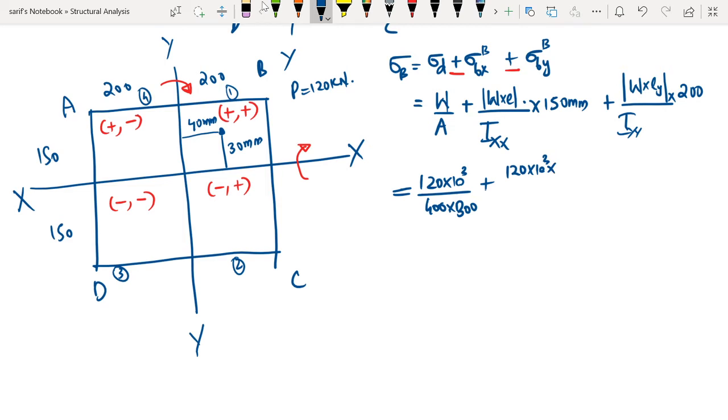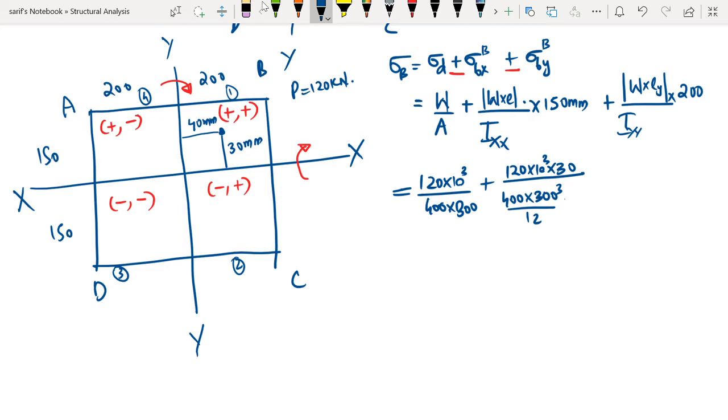Ex is the eccentricity from the x-axis, that is 30 mm, divided by Ixx. Ixx is BD cube divided by 12, that is 400 into 300 cube divided by 12.